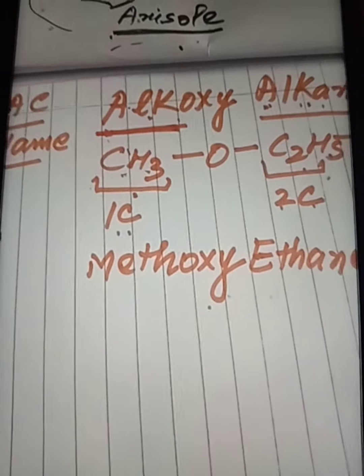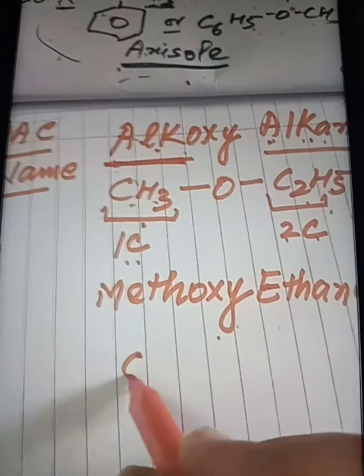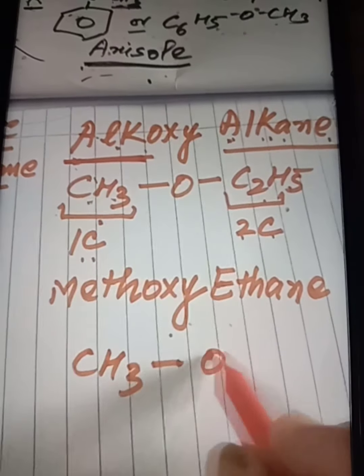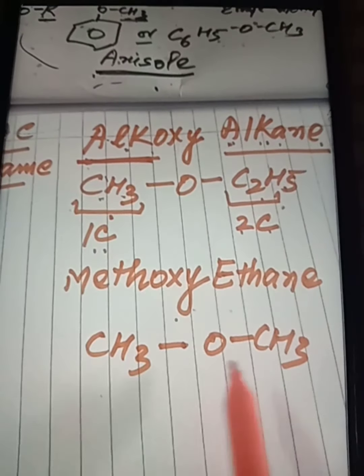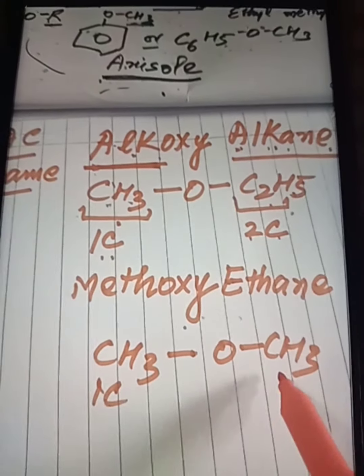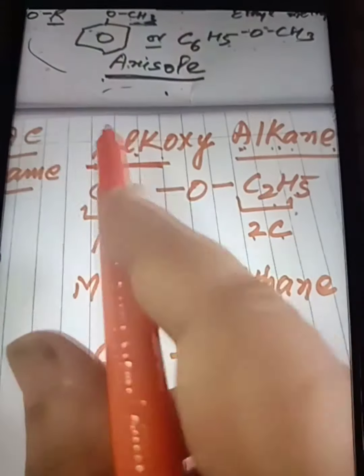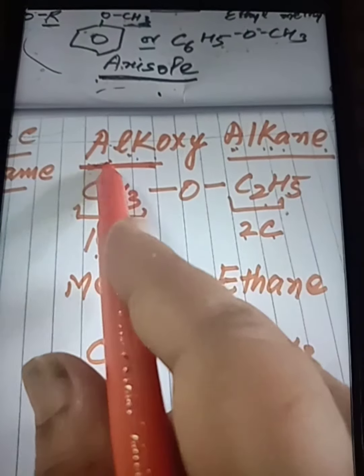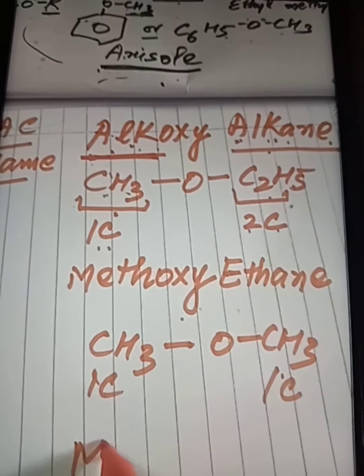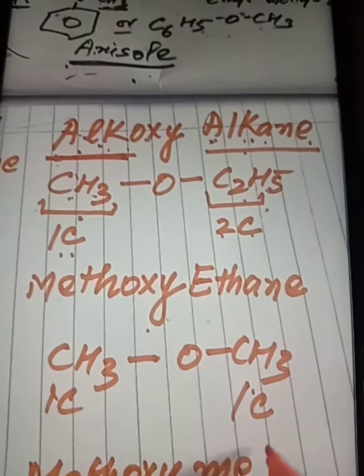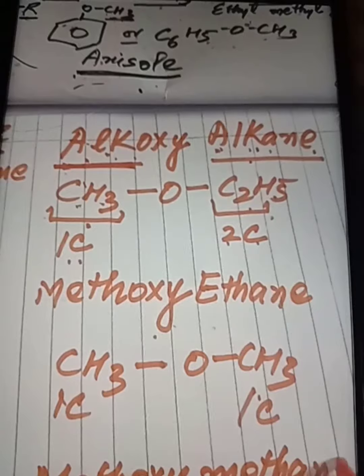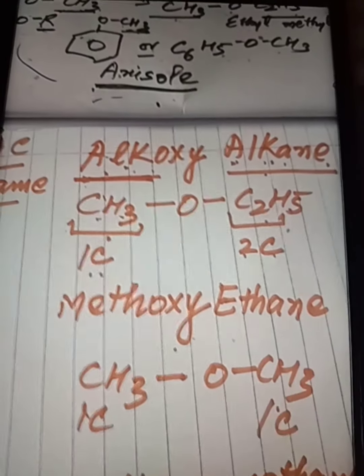Methoxyethane. If I write CH3OCH3, both the carbon chains are same. One carbon. So this alk is also meth, this alk is also meth. So it becomes methoxymethane.